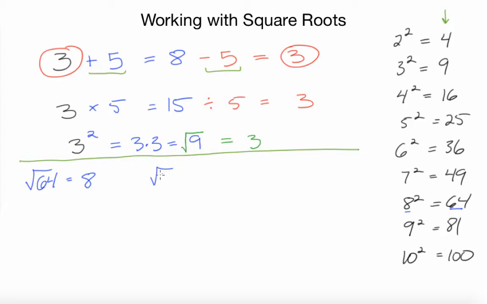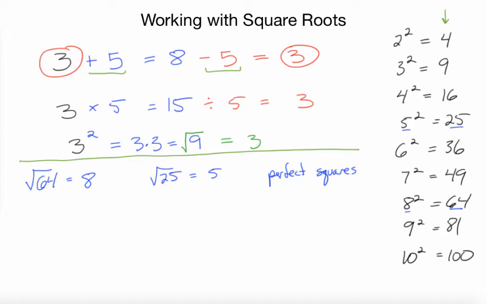The square root of 25 equals 5, because 5 squared equals 25. So those are what we call perfect squares. These numbers over here, 4, 9, 16, 25, 36, those are perfect square numbers because I can square root them and end up with a nice even number, 2, 3, 4, 5, 6, 7, 8, 9, 10.